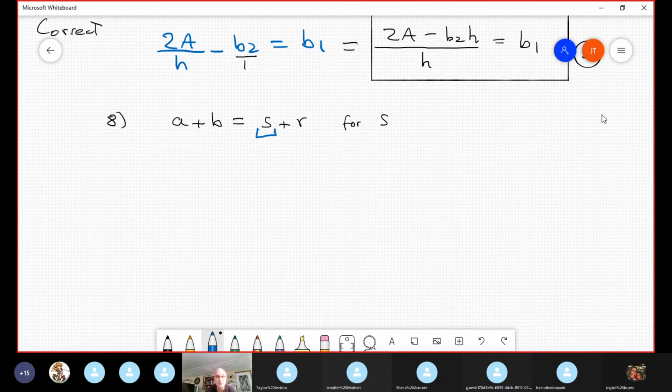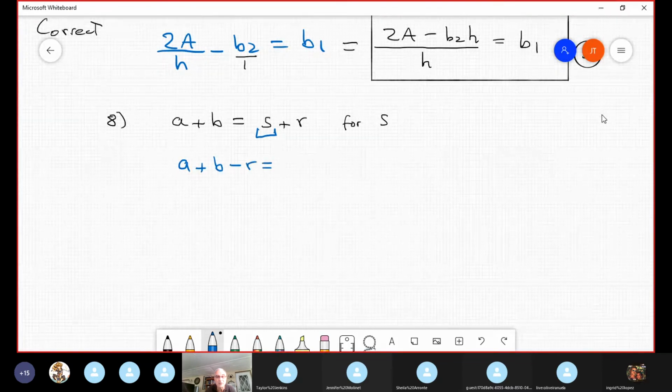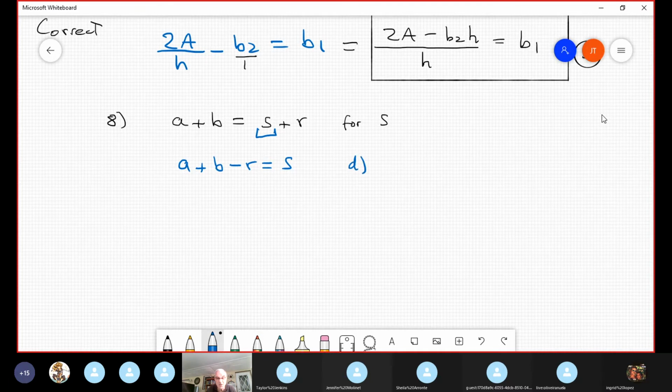I need to remove R, but in this case it's subtraction. A plus B minus R equals S. Option D. Do you see that some people don't understand the manipulation very well and try division? See, the operation connecting S and R is plus. What is the inverse operation? Minus, subtraction.